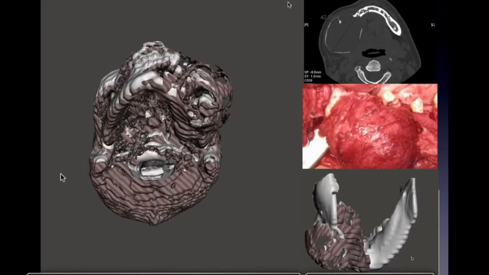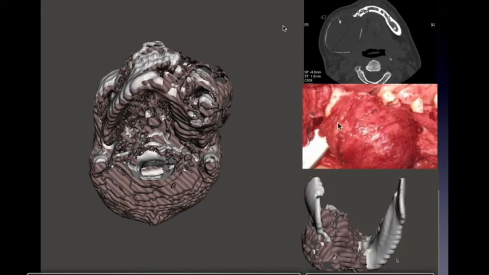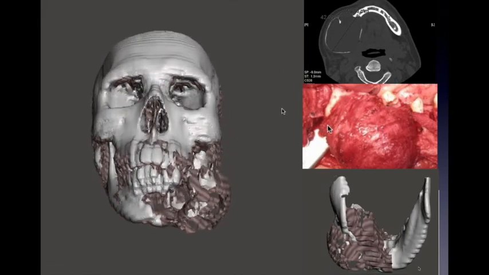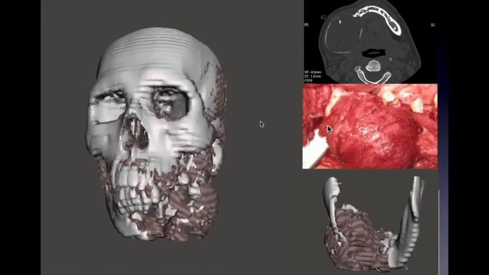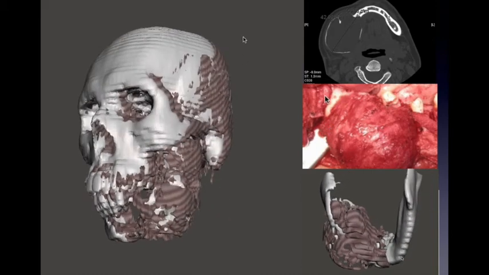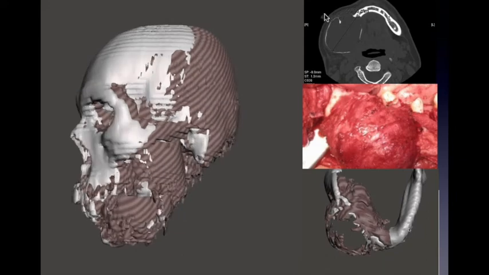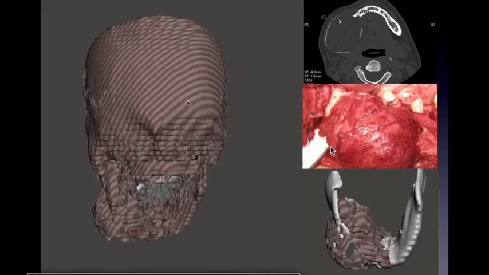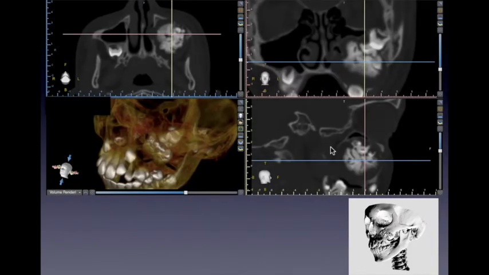Now, STL views are very important nowadays in navigation surgeries, in guided surgeries, but that's again a different story, and it just comes from what three-dimensional images has already given us.